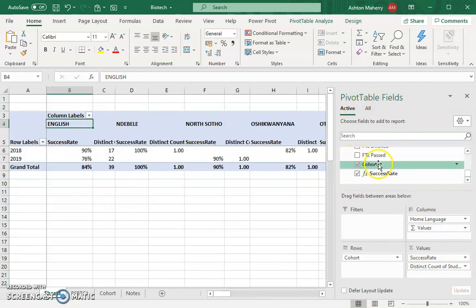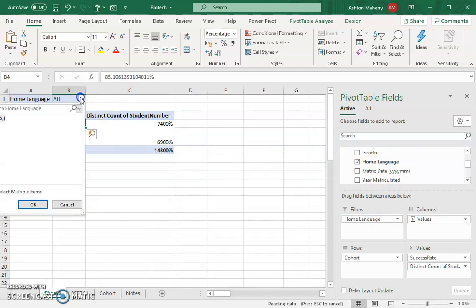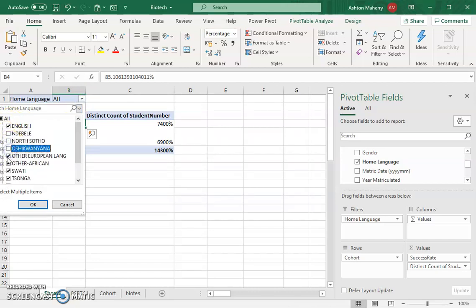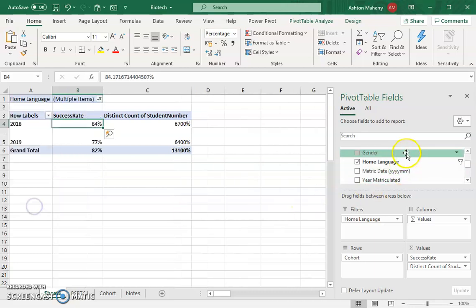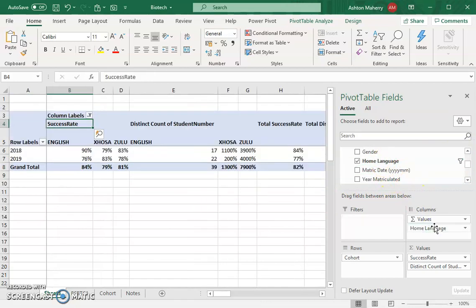So let me actually just take my home language, and I'm going to say, right, I'm interested in English, isiZulu, and isiXhosa. And I'm going to also make sure over there. So there's English, isiXhosa, and isiZulu.